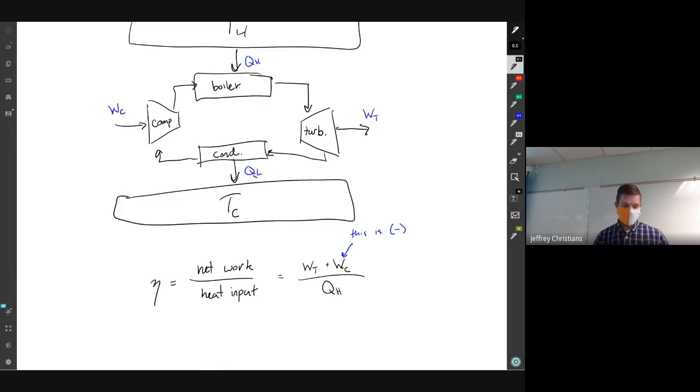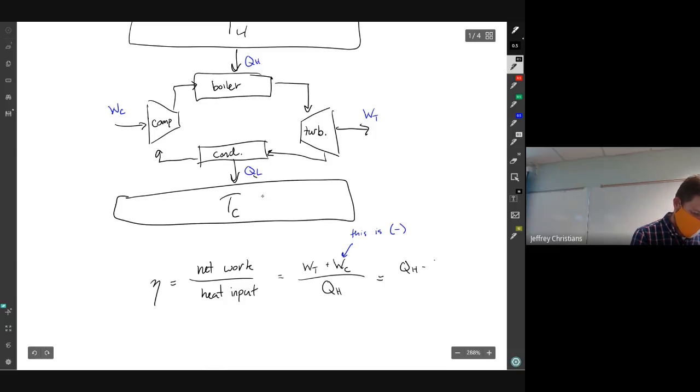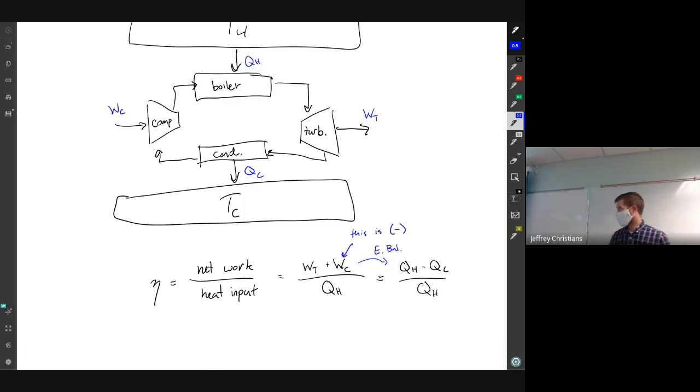So we can say that this also equals QH minus QC, all over QH. I'm mixing up low and cold. We're getting from one to the other with just an overall energy balance.